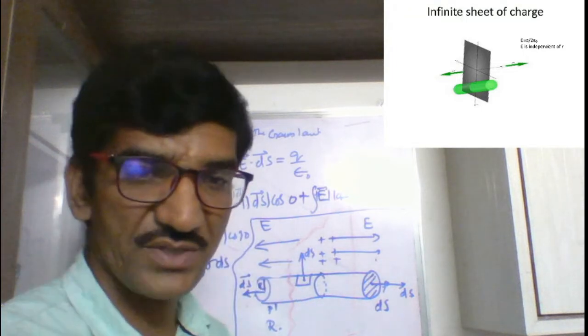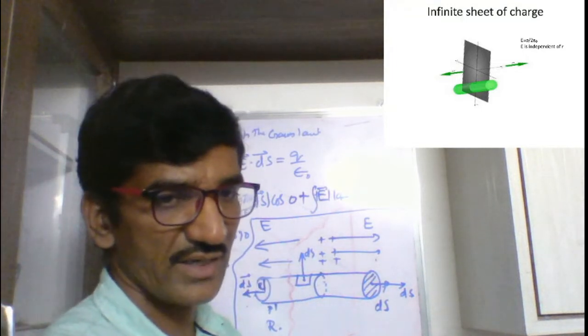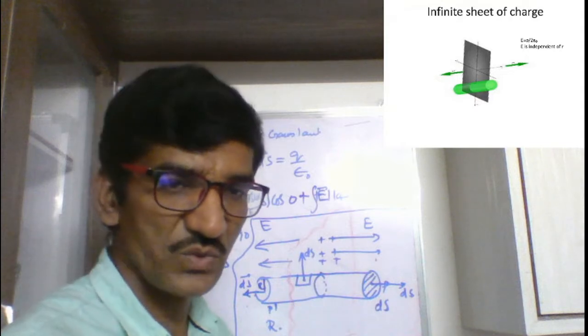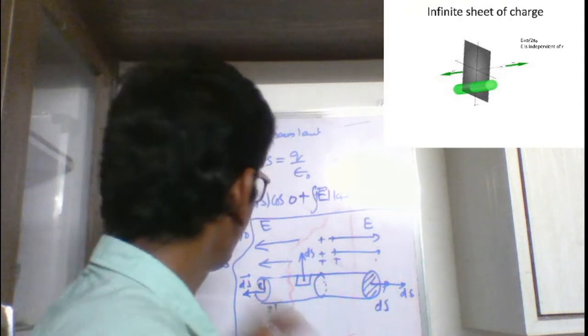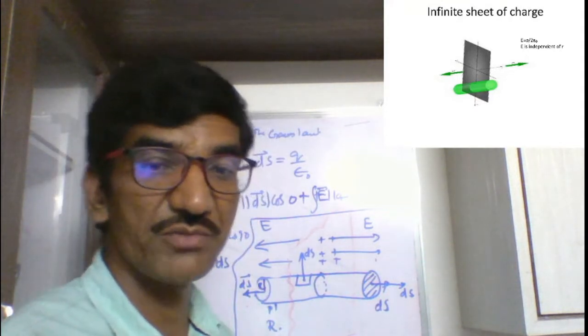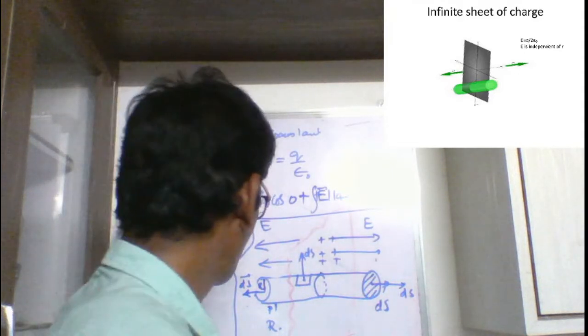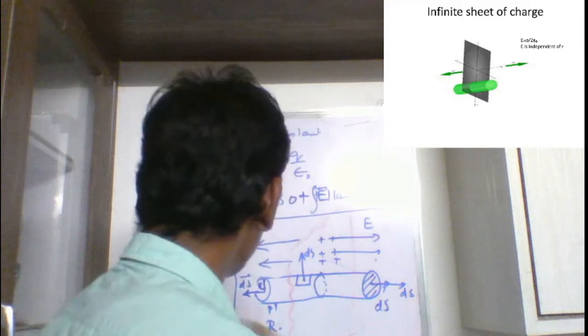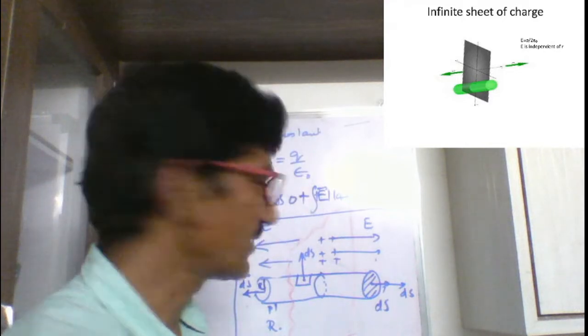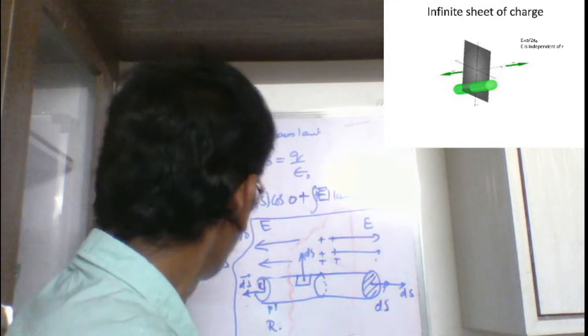You may also write Q is equal to integral rho dV, but we can't write that here. Why? Because we are dealing with a 2-dimensional problem and we have already assumed sigma. That's why I am expressing Q in terms of sigma.